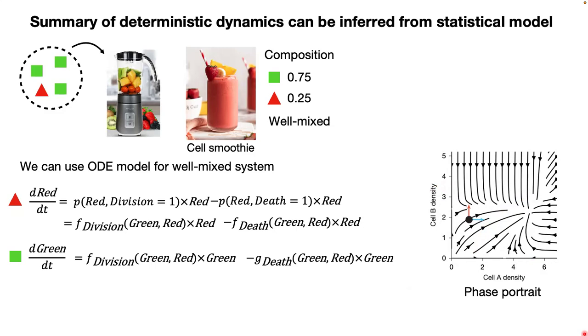A really good thing about this phase portrait is that it is a summary of the dynamics of this system. If some system is here, then it will go this way, and you can follow the arrow to see how the system will evolve.